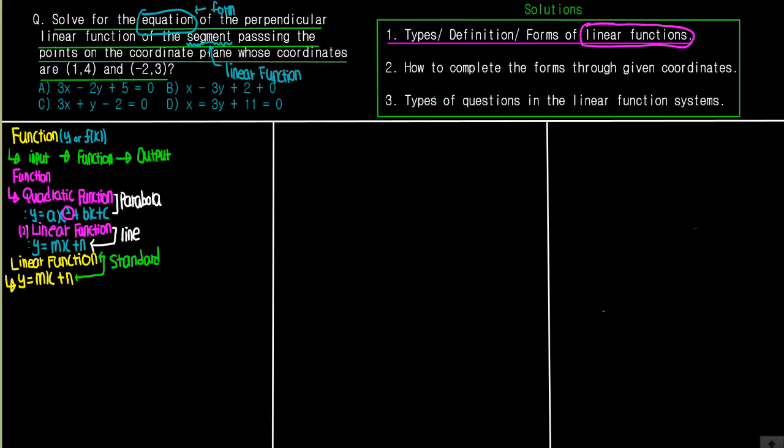If you don't know the definition, the standard form means the most basic format of our linear function or any other function. In this case, it is y is equal to mx plus n. And we need to think about what its variables and constants define in our function.